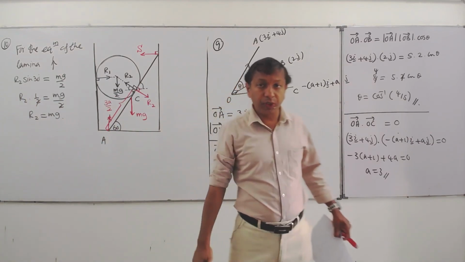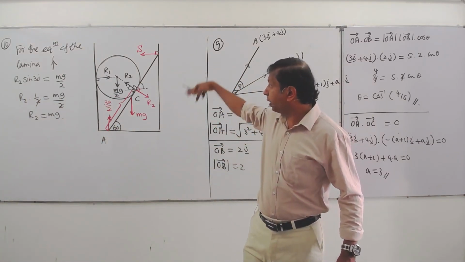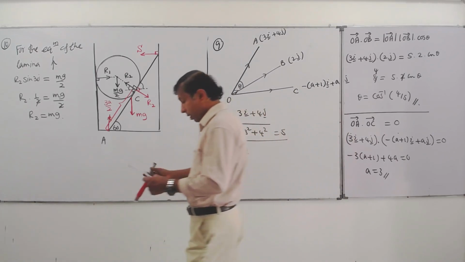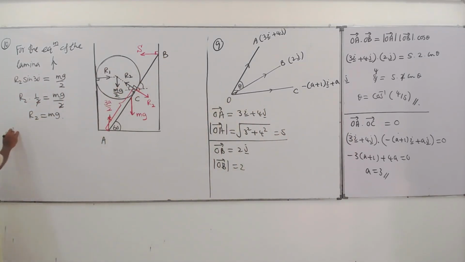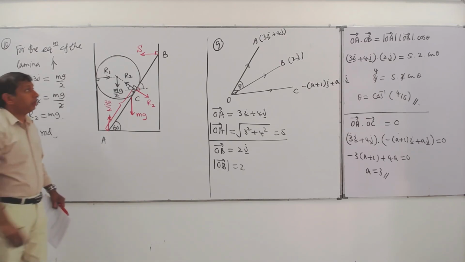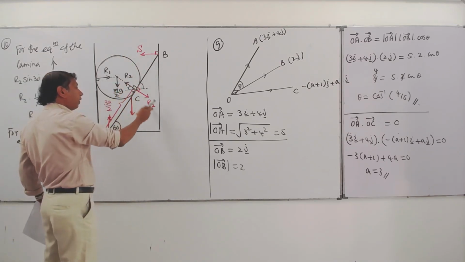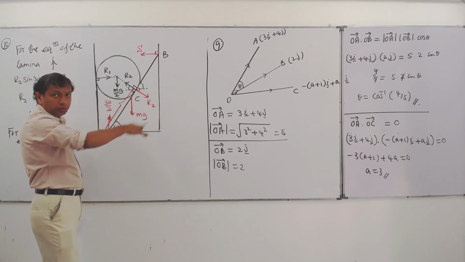Okay. Now what do we do? Now we take moments around A for the equilibrium of the rod. Right. We take moments around A this way, anticlockwise. Then this S gives an anticlockwise moment, whereas R2 and mg both give a clockwise moment.